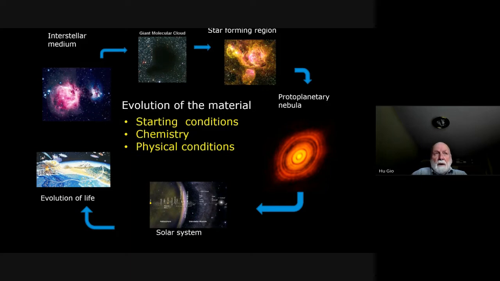So the hope was, and I think people were rather optimistic, that we can learn something about the starting conditions, the chemistry, and the physical conditions of the protoplanetary nebula while it was forming the solar system. And this is the overriding interest in comets, that they are witnesses of the early formation time.